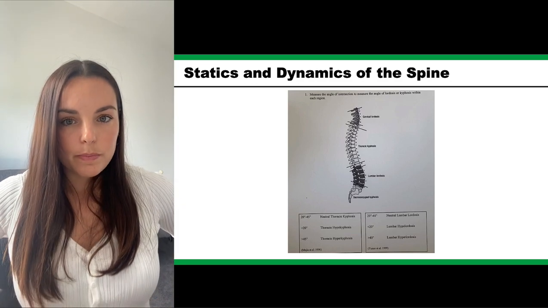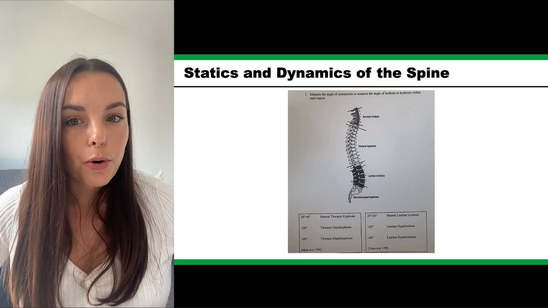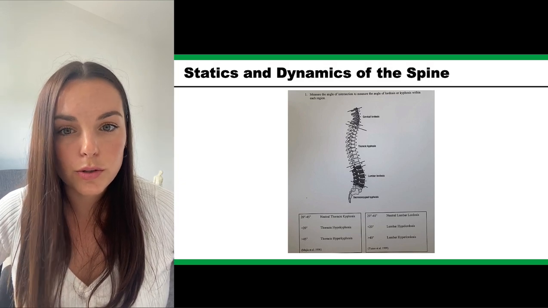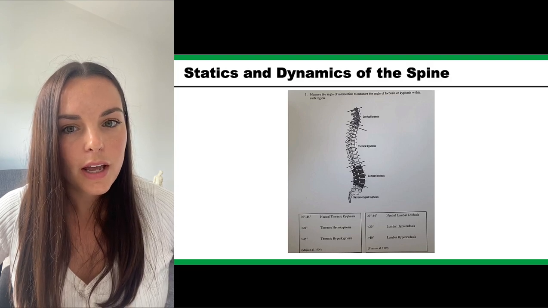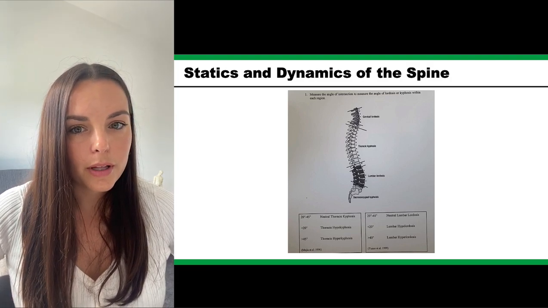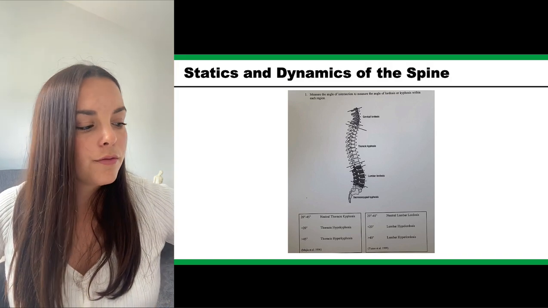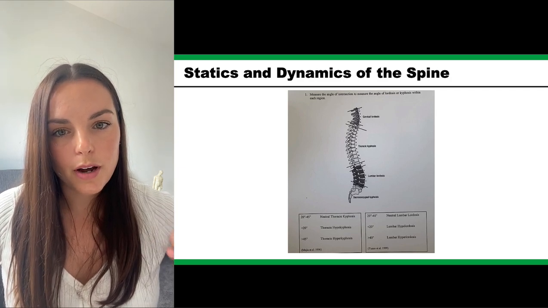And then lordosis being that really exaggerated lumbar curve. So how do we know if we have this kyphosis or this lordosis? Well, we can measure the angle of these curves here. And I'm going to show you how to do that quickly in this video. So have a quick look and you can follow along and do it in your lab book at the same time.